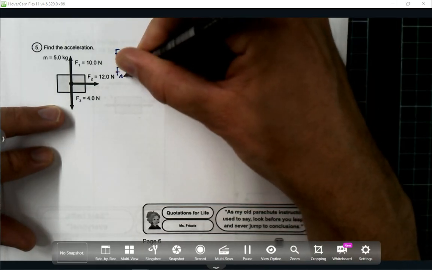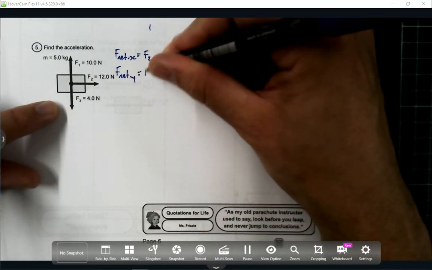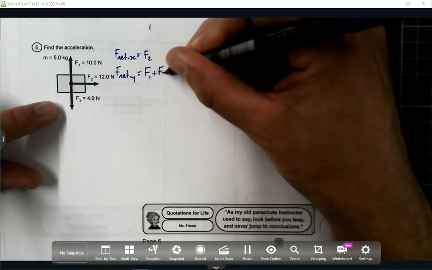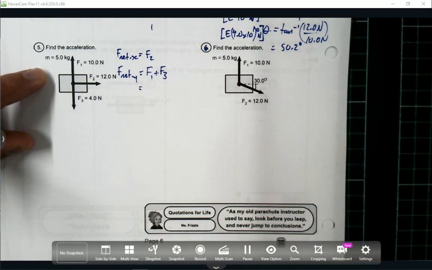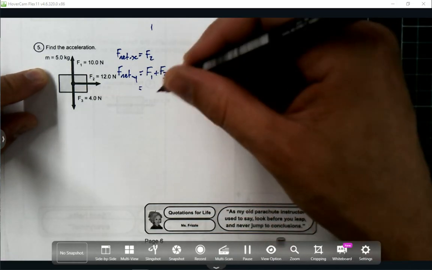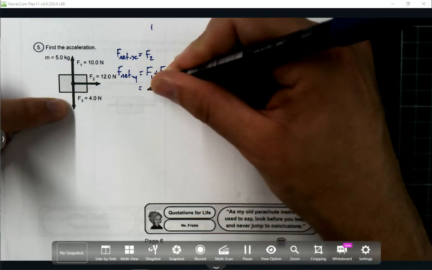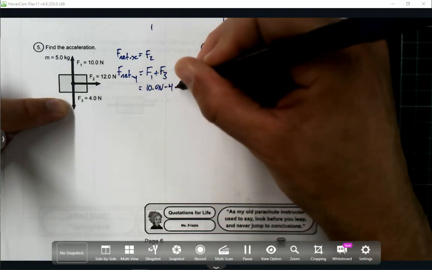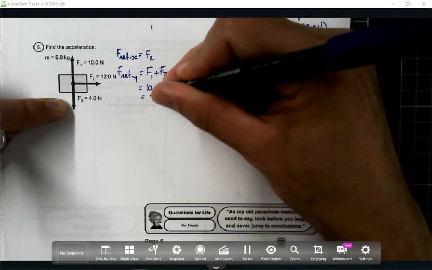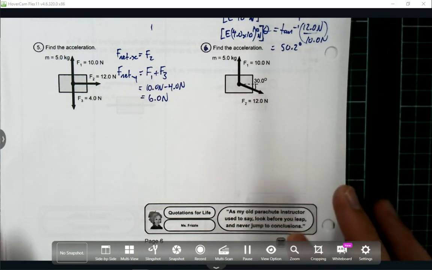F net y is going to be F1 plus F3, if I keep the same reference frame as I had up at the top left-hand corner of the page, north positive, east positive, is going to be 10 newtons minus 4 newtons. 6 newtons.